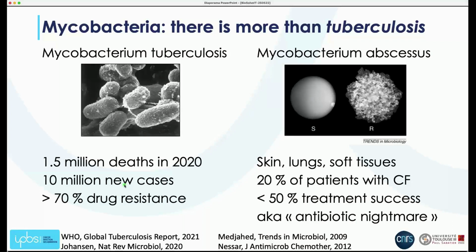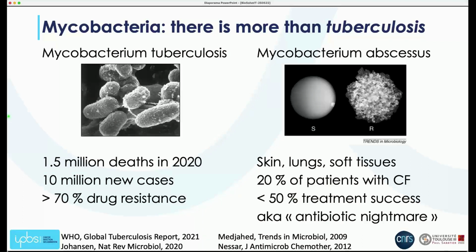I will talk about a cousin of this mycobacteria, called Mycobacterium abscessus. It's a little bit less known, but its prevalence is increasing a lot, and it causes skin, lung, and soft tissue infections, often affecting people already dealing with cystic fibrosis.